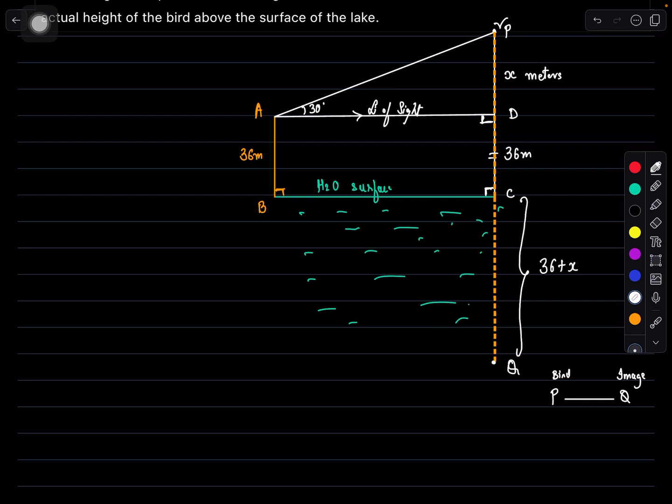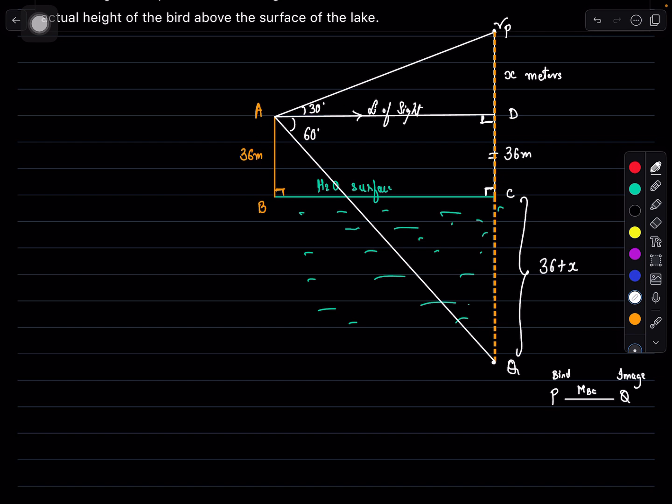The mirror is BC, so let's call this the mirror BC. We have precisely found the position of the image of the bird, which is at Q, and the angle we are making from A to Q is 60 degrees. This angle of depression is 60 degrees.